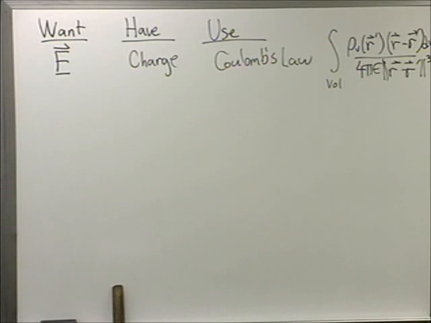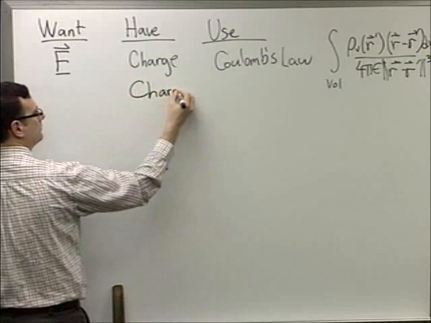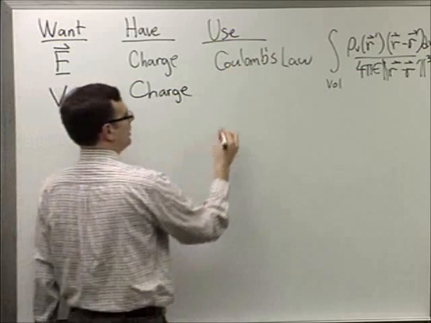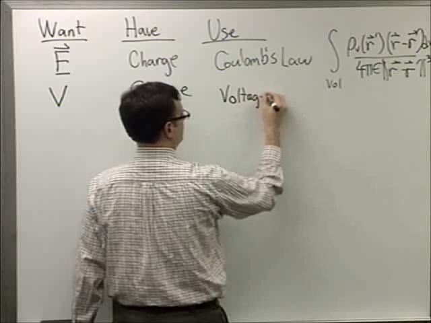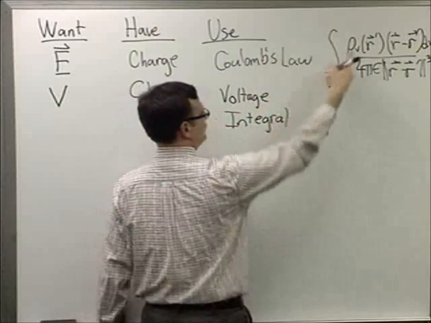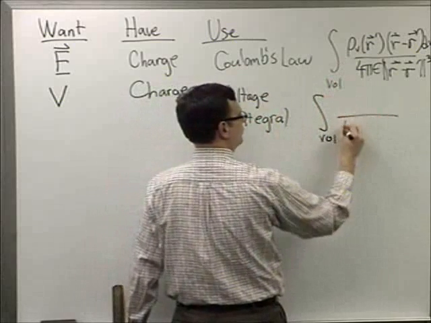We learned last week, of course, that if you have charge and you want voltage, you use your voltage integral. And that looks similar to this one, except it's completely scalar, because remember, voltage is a scalar.